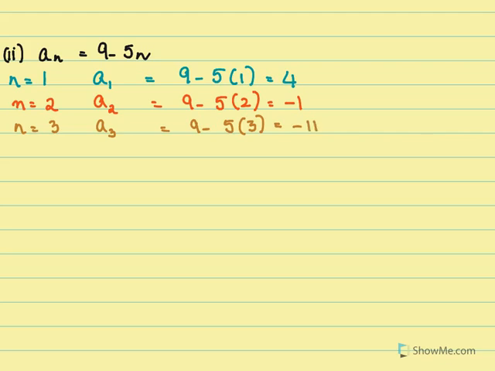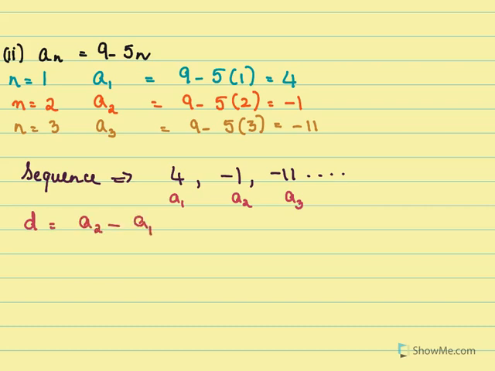So we notice we have a sequence now, and this sequence is made up of 4, minus 1, minus 6, and it will go on. To find if this sequence is an AP, I need to check the common difference. This is the first term, second term, and the third term. Let me check the common difference in the first case, that is a2 minus a1, between the first two terms.